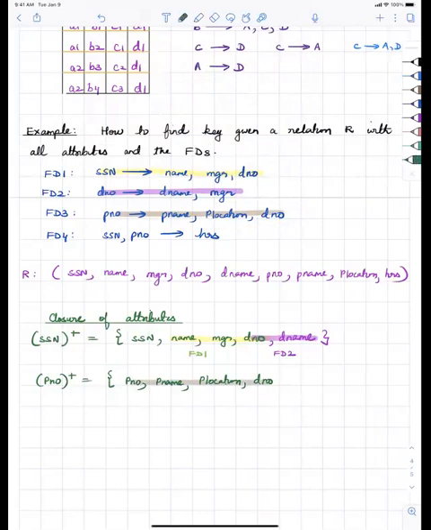Okay, so that's FD3. But again, from DNO, I can get DName. I did that earlier. So we have from DNO, we can bring DName. And that's FD2.